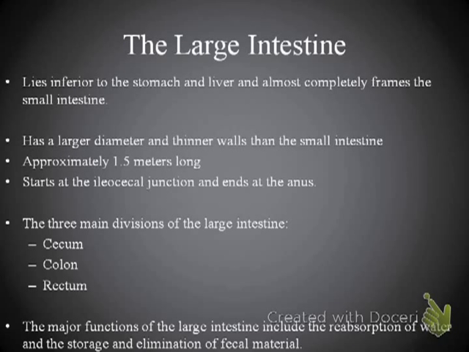It starts at the ileocecal junction and ends at the anus. There are three main divisions of the large intestine, which are the cecum, colon, and the rectum. The major functions of the large intestine include the reabsorption of water and the storage and elimination of fecal material.